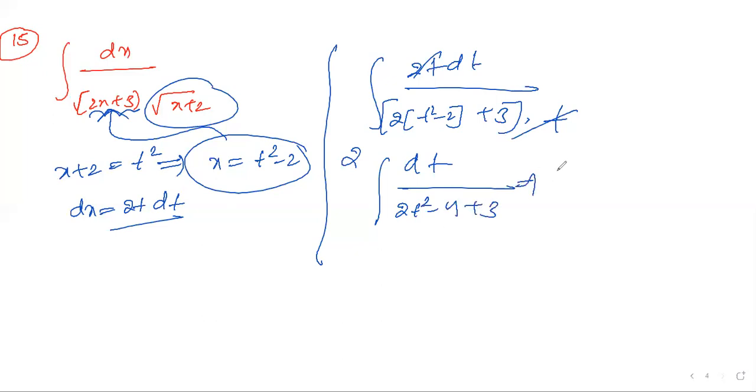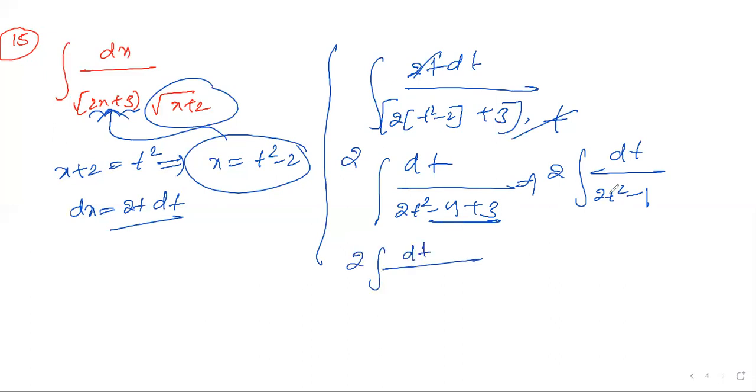Continuation of integration, dt by 2t square minus 1. I should take 2 common out. So 2 by integration, I take 2 common and take 2 out. What comes? t square minus 1 by 2, the 2s cancel.